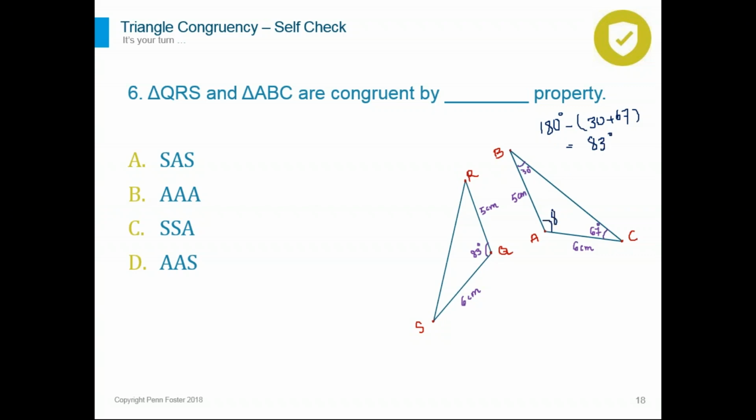So besides the two pairs of sides being congruent, the included angle also has the same measure. So the property for that is side angle side, SAS. That is the right property. Any questions?